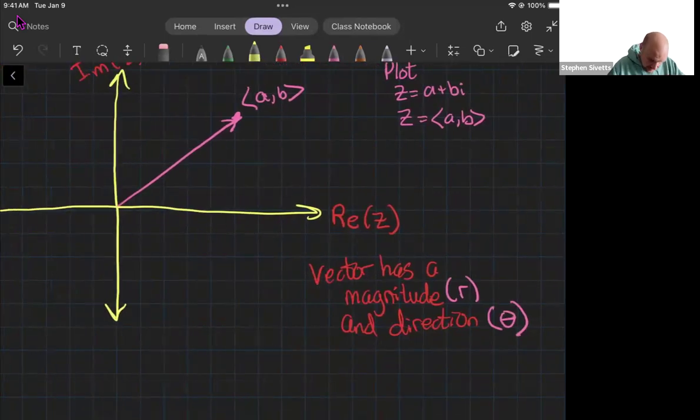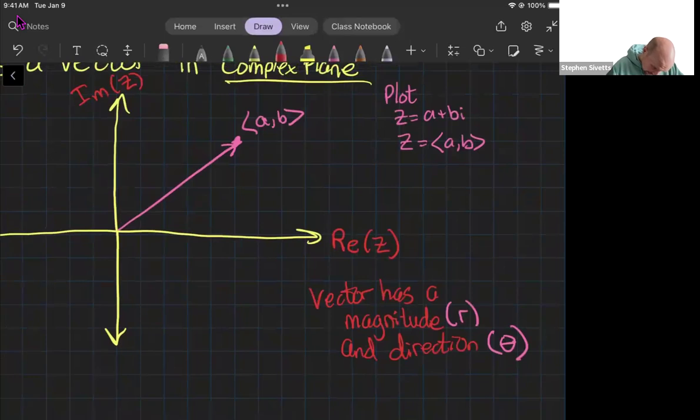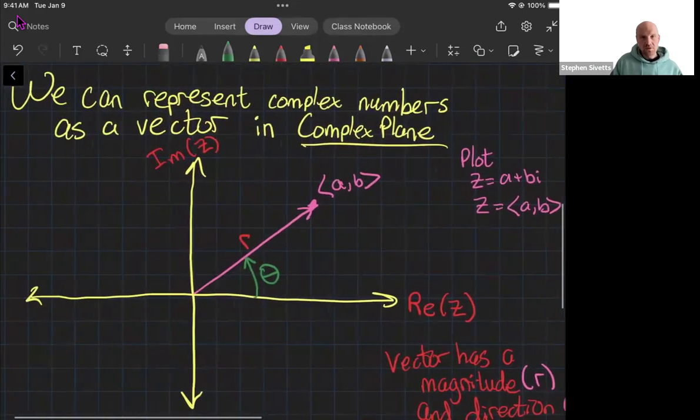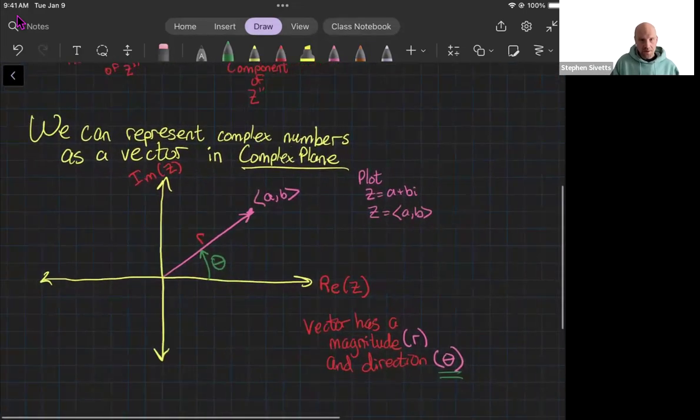And those are indicated as follows. So the magnitude is the length of this vector, R, and the angle, the direction, is going to go with respect to the positive real axis. Okay. So this is an illustration geometrically of how we can represent complex numbers in what's called the complex plane. We'll go over more about this in detail in the next section.